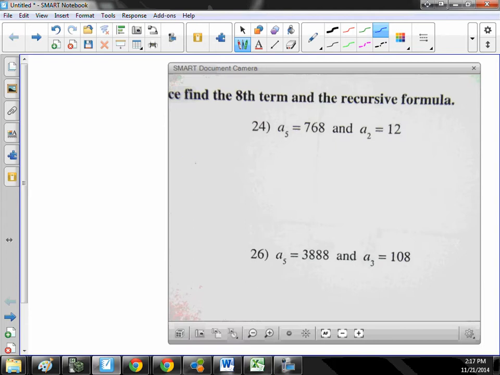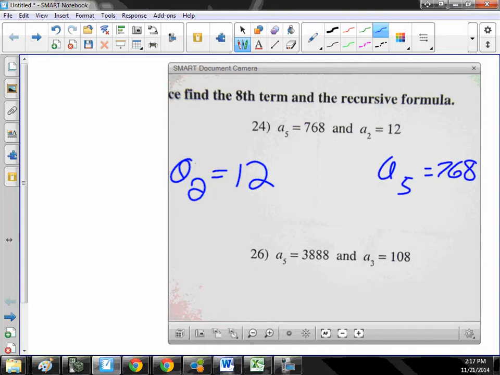We have a sub 2 equals 12, and then we're going to do something to it how many times? 3 times, and that ends up equaling a sub 5, which is 768. So I'm looking for a common ratio R. What do I know about R before I solve anything?